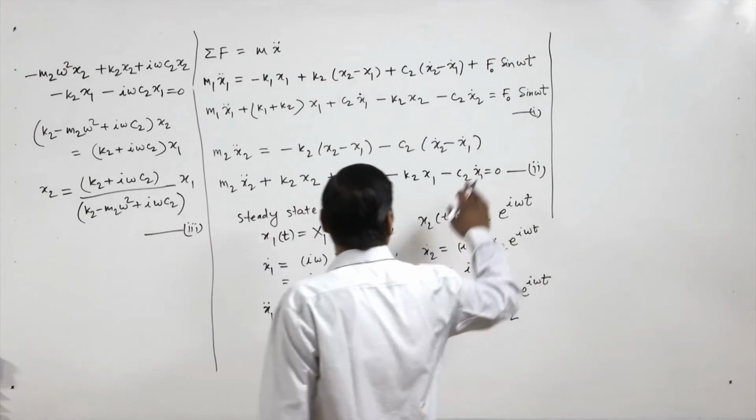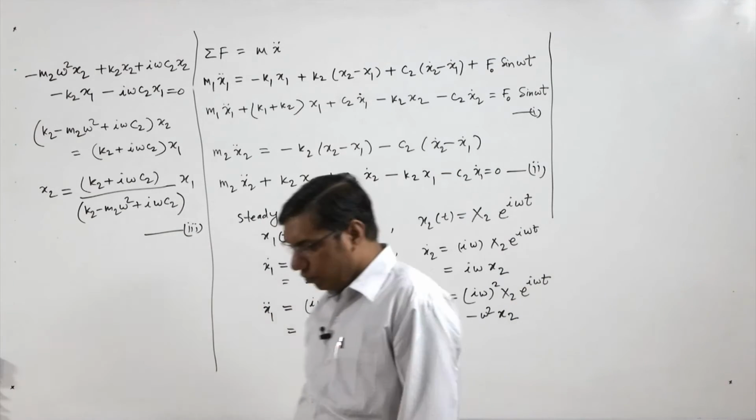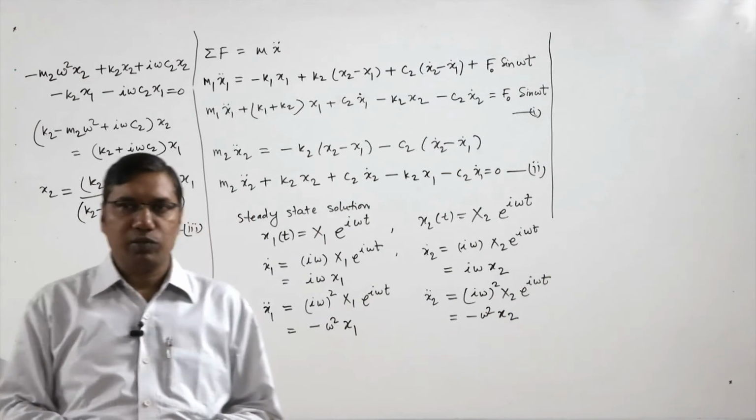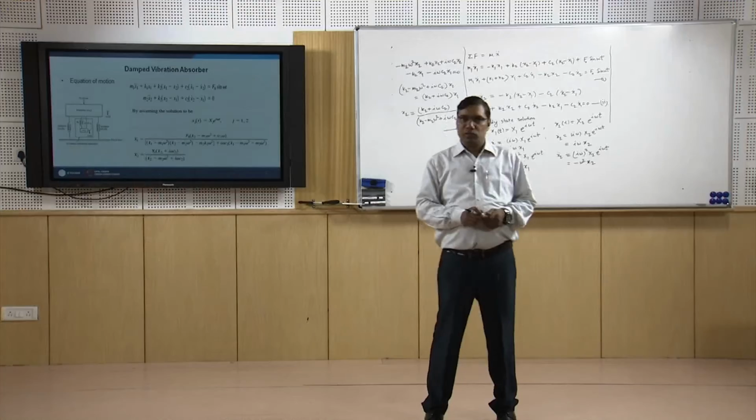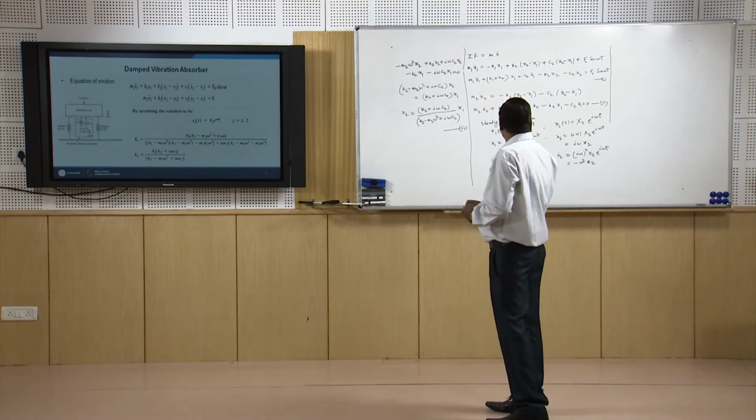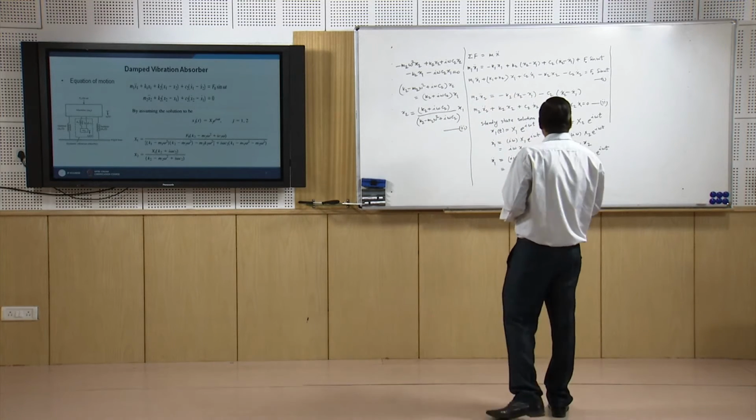Now we put these values of x1 dot, x1 double dot, x2 dot and x2 double dot in equation number 1.